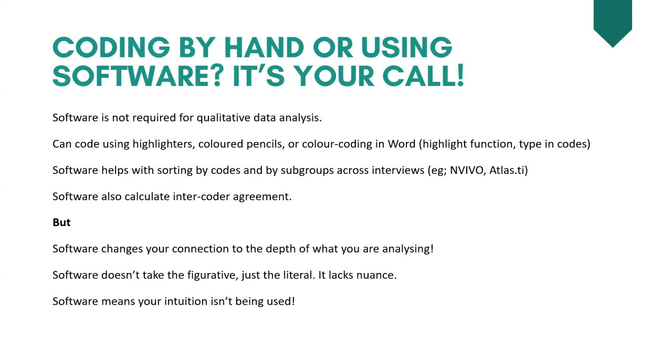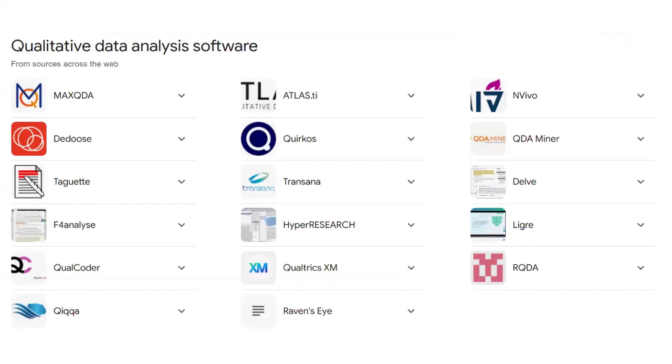So software and AI lack nuance unless you are able to teach it in advance. Now, if you're teaching the AI and the software in advance how to do this, you're actually doing it all by hand. So that's still going to be good for you. But it also means that your intuition is not being used.